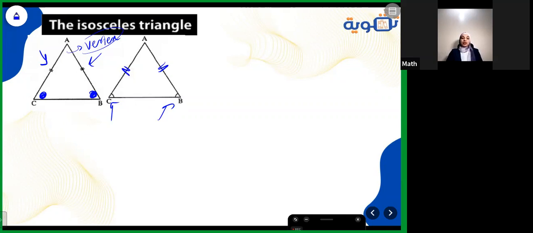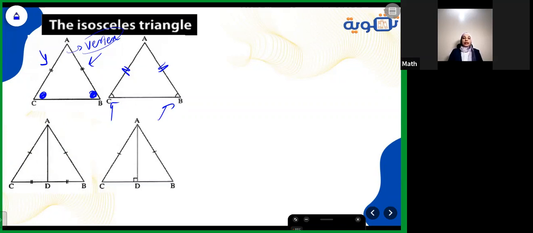After that, you studied the corollaries of the isosceles triangle. If you have an isosceles triangle and there is a median, a line segment cutting the opposite side at the midpoint, then you recognize that there are three things that can happen here. First of all, I know that this line segment is a median. It's at the midpoint of the opposite side.